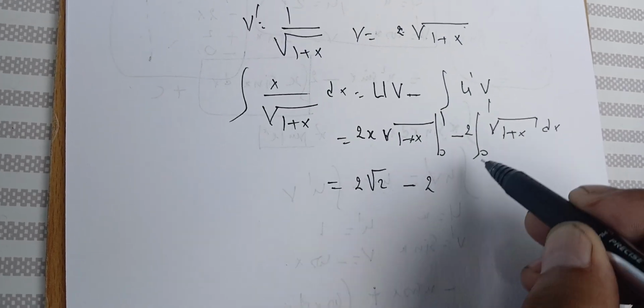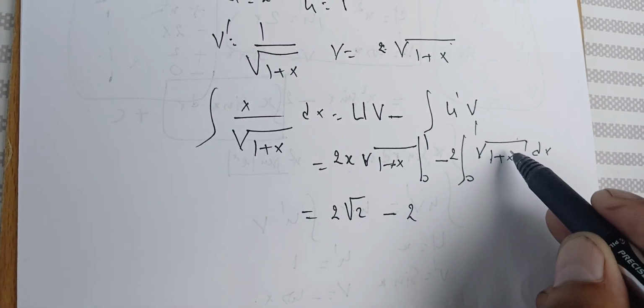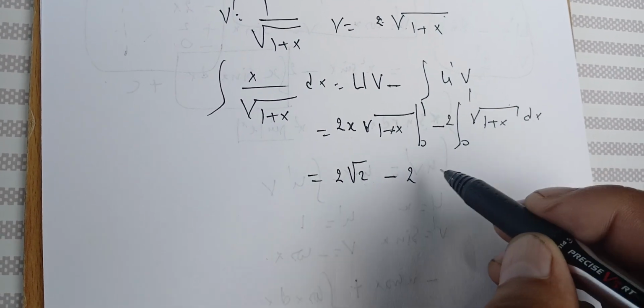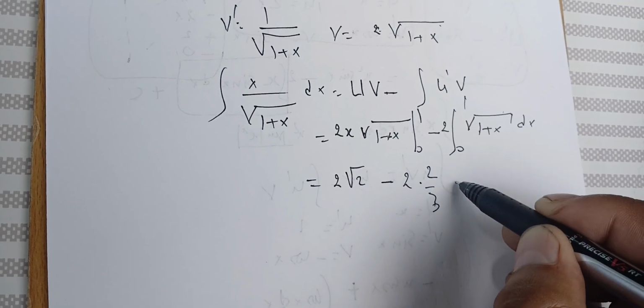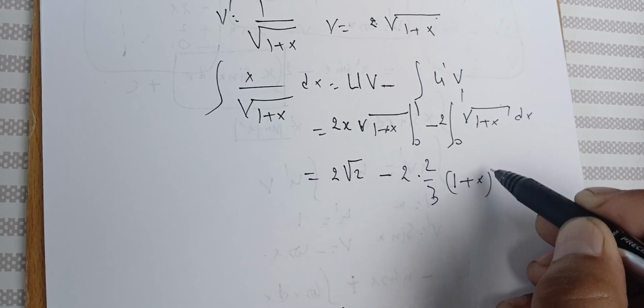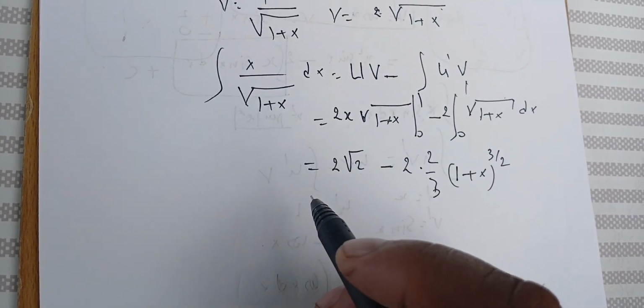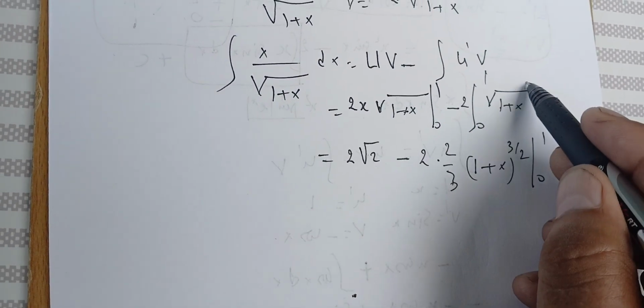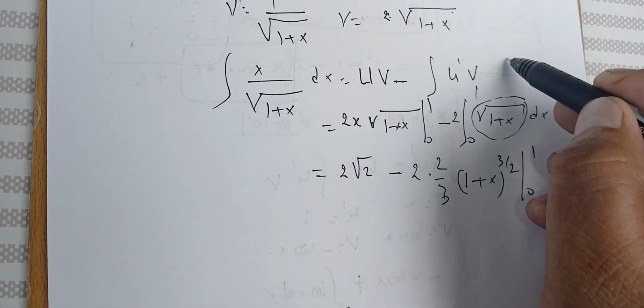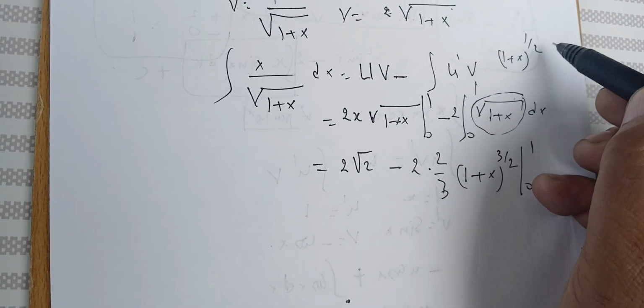And here, I know a primitive of this one using the power rule. So I'm going to have 2 times 2 over 3 times 1 plus x to the power 3 over 2 between 0 and 1. I'm assuming that you can write this as 1 plus x to the power 1/2.